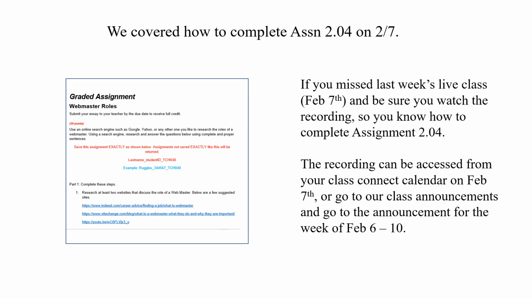You can access that recording from your Class Connect calendar if you just go back to February 7th and click Watch Recording. Or you can go to our class announcements and go to the announcement for the week of February 6th through the 10th, and I have the recording in there as well. I try to do that every single week, so the recording for each week is in the announcement for each week.